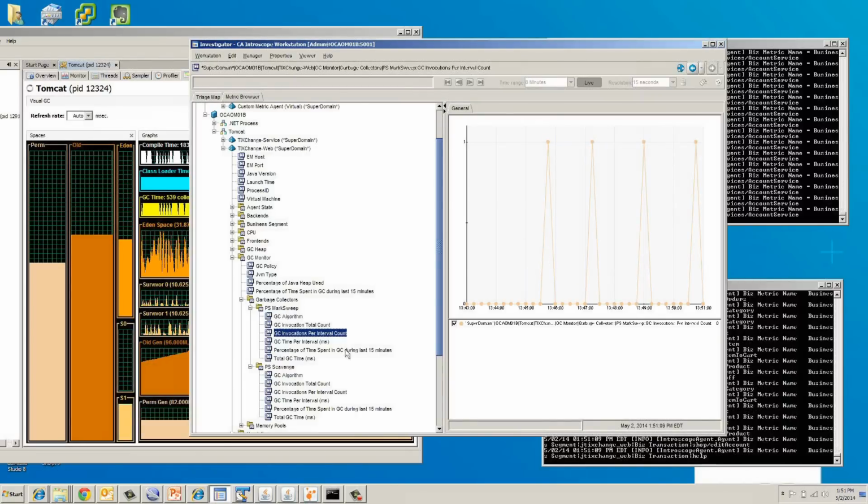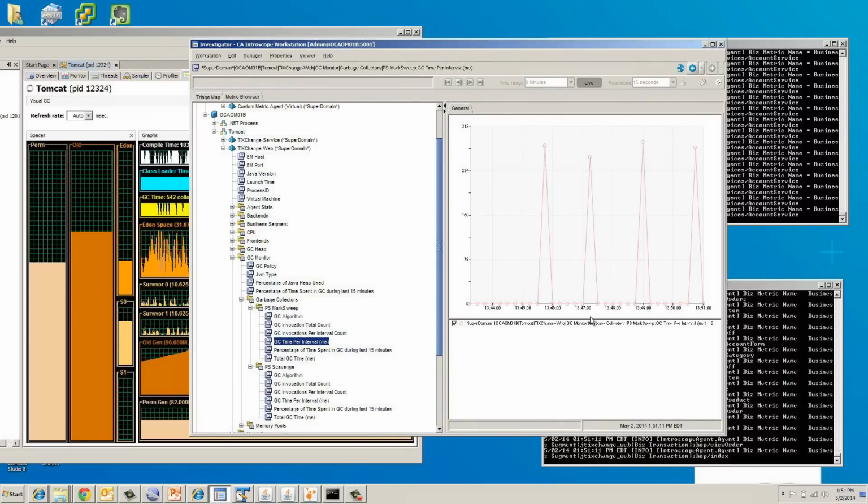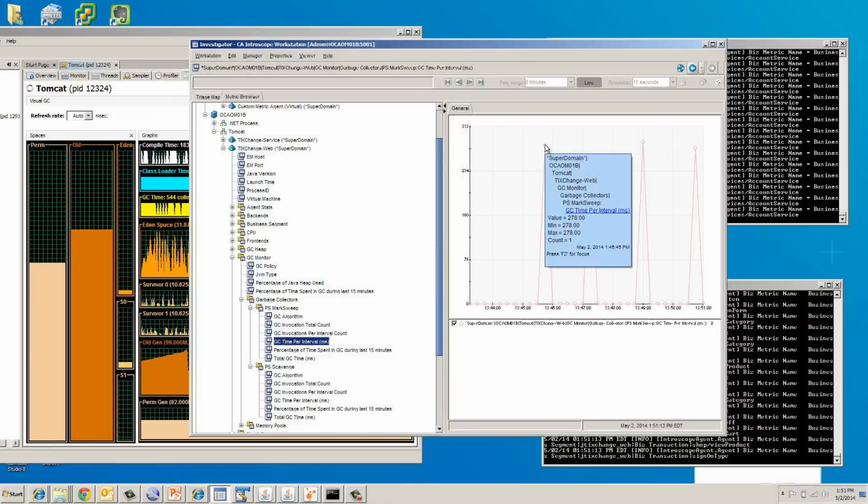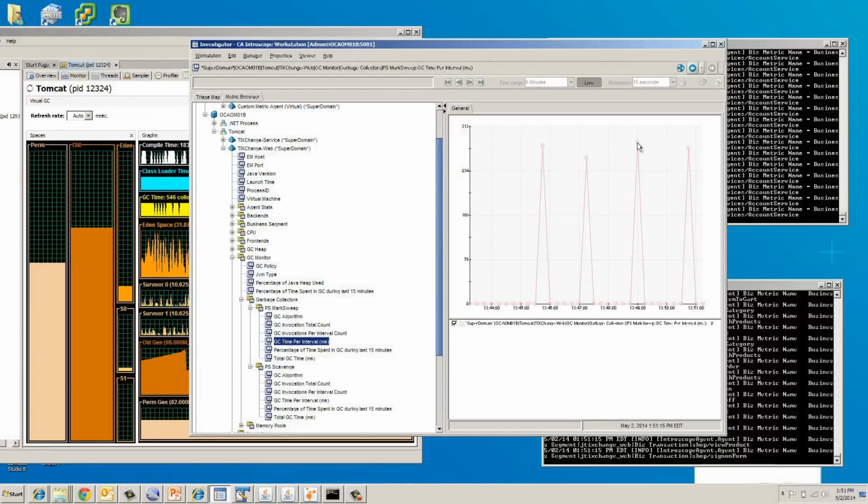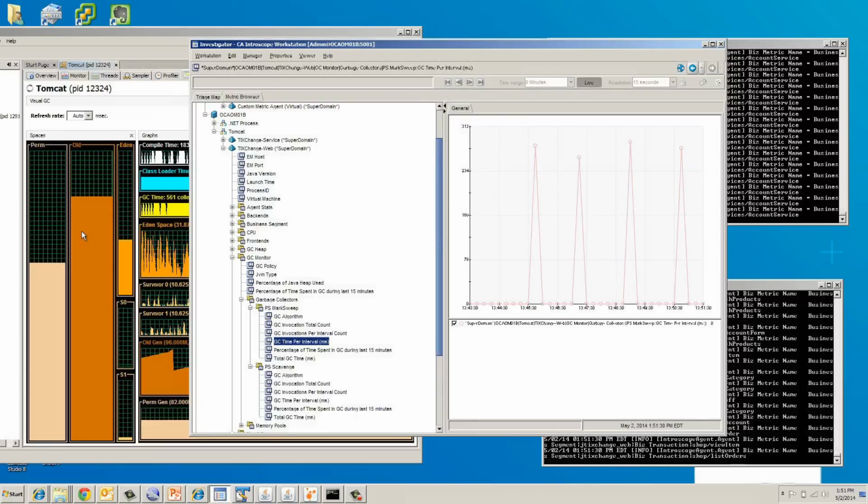And I'm going to look at the performance of this collector. Every time it's called, it takes about 278, 285 milliseconds to perform a major GC. When collections occur in the old generation, the tenured space, we refer to them as major GCs.